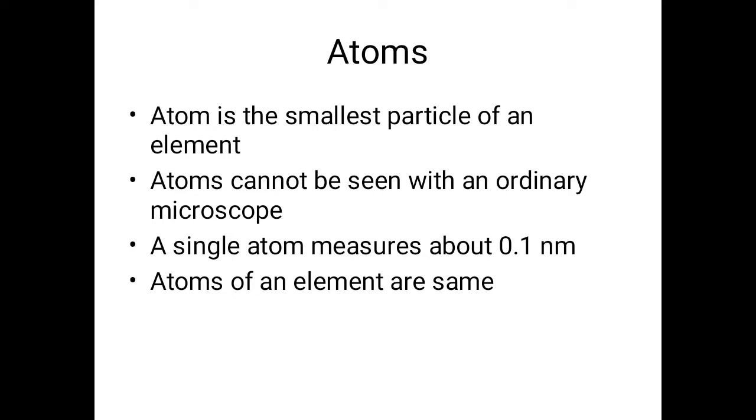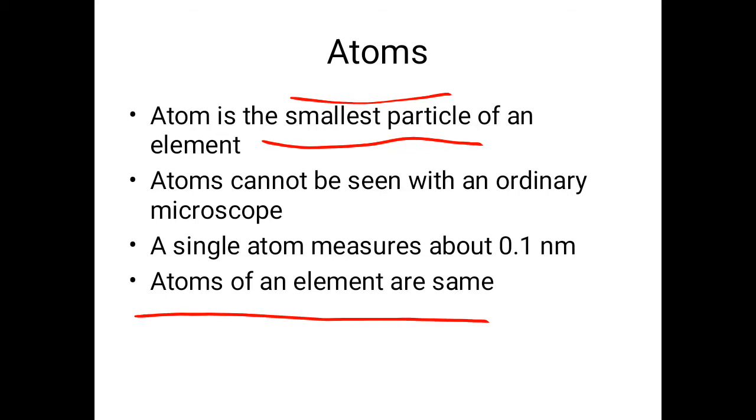And one more thing, that atoms of an element are same. This is what I told you very earlier. As atoms are the smallest particle, and this particle is reacting. This particle is not stationary, it's all the time in energy.